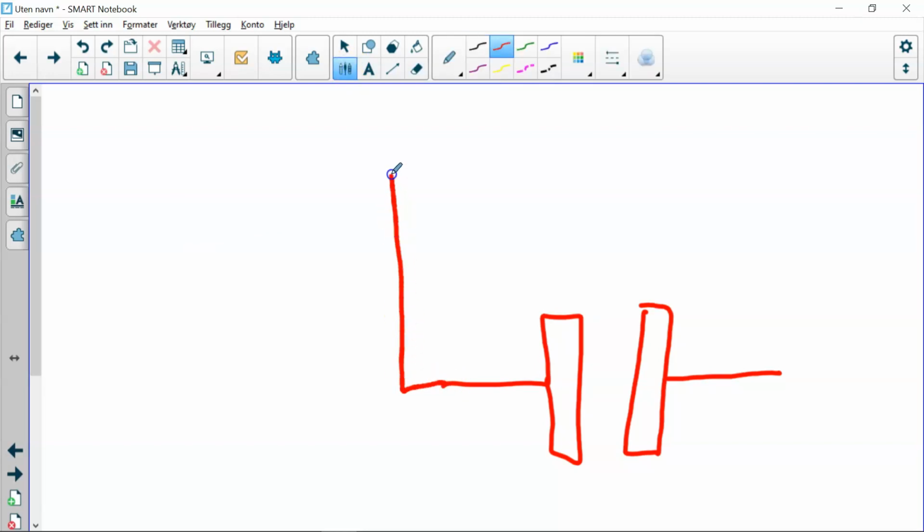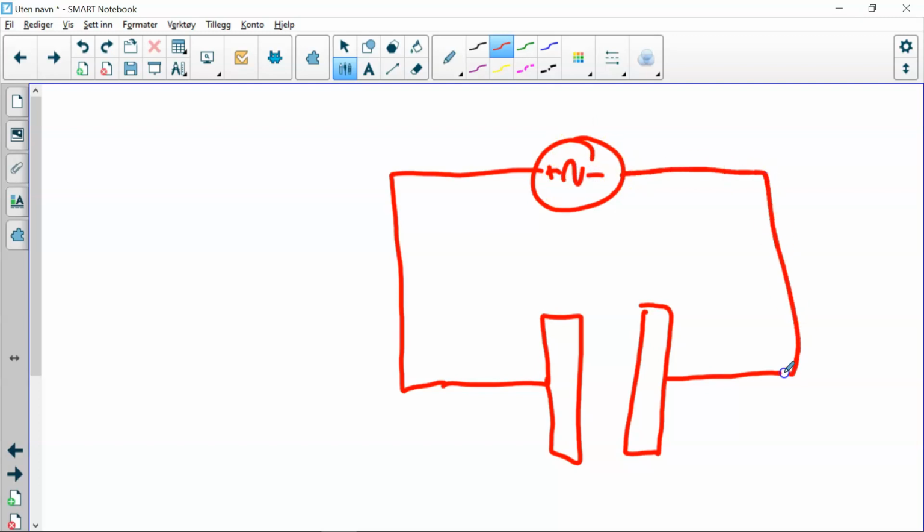So it's connected in a circuit with an alternating current or voltage, a waveform. So the current here will go back and forth in this circuit.